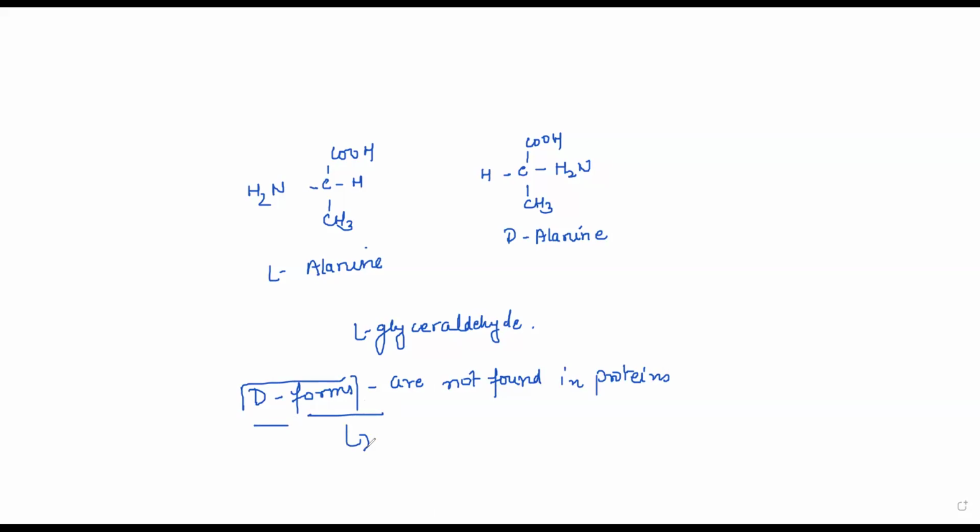They all have L alpha amino acids. So D forms exist in nature, in some peptide antibiotics, and also in the peptidoglycan of the cell wall of bacteria.